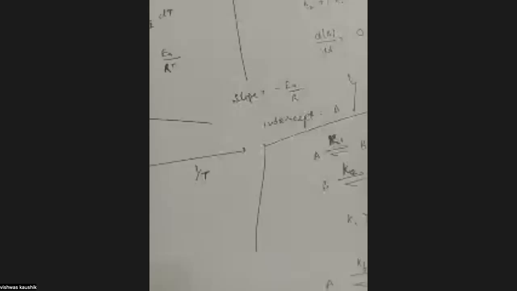Otherwise, the equilibrium approximation states that for this reaction, with forward rate constant and backward rate constant, K1 will be equal to Kf upon Kb.